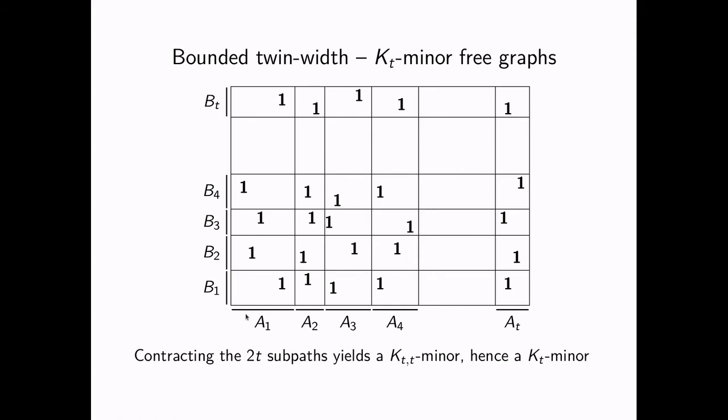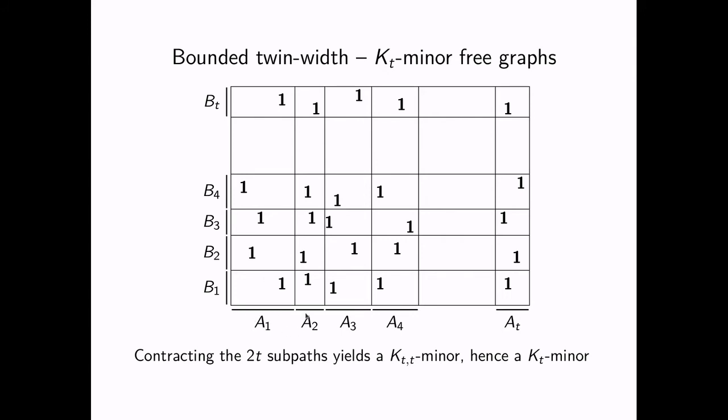And now assume that there is a large mixed minor. So in particular, it's a large grid minor. In particular, in every zone, you have at least one entry 1. So you can first place yourself off diagonal and still have a large grid minor. And now you know that A1 to At, B1 to Bt do not intersect.